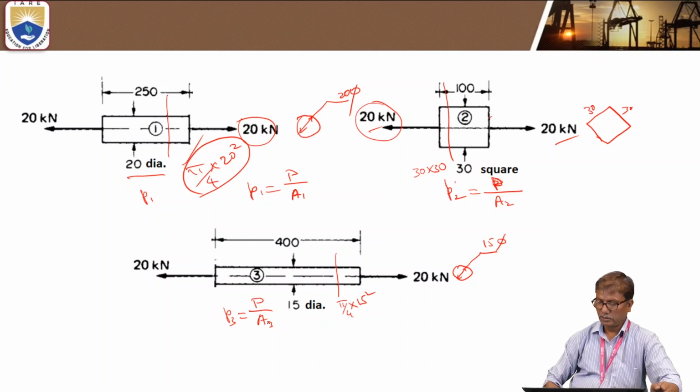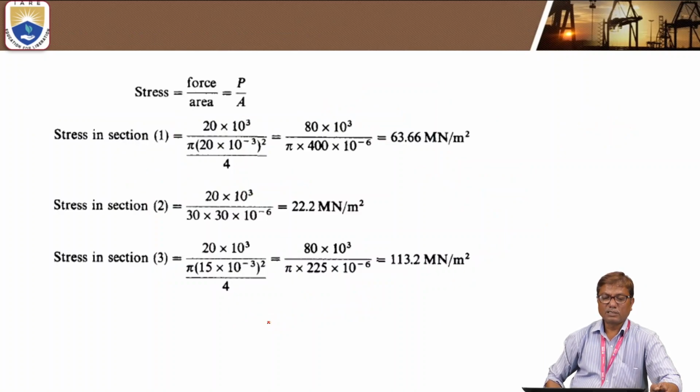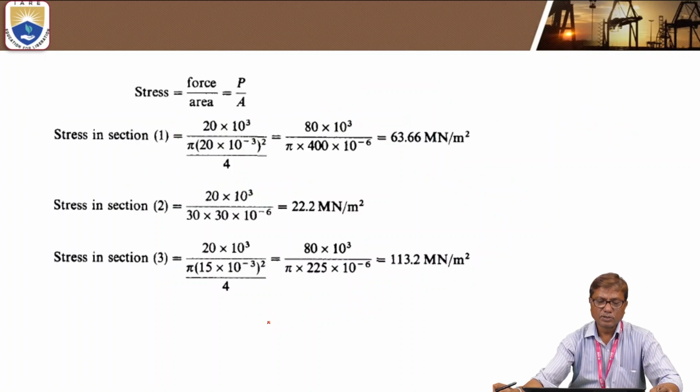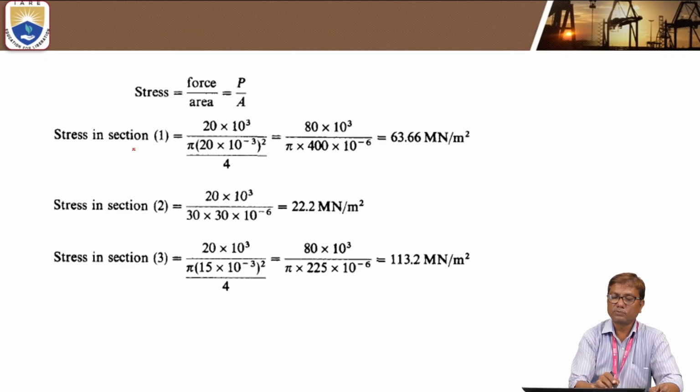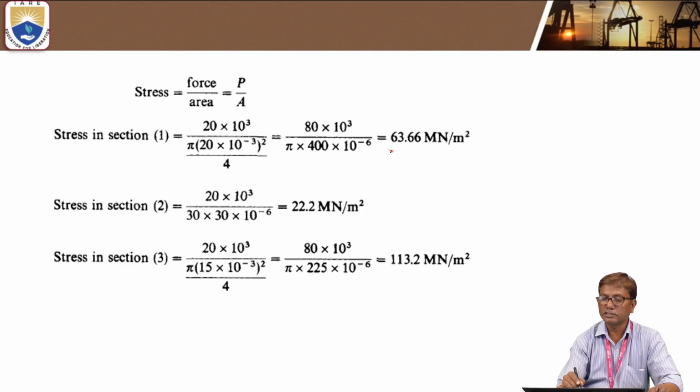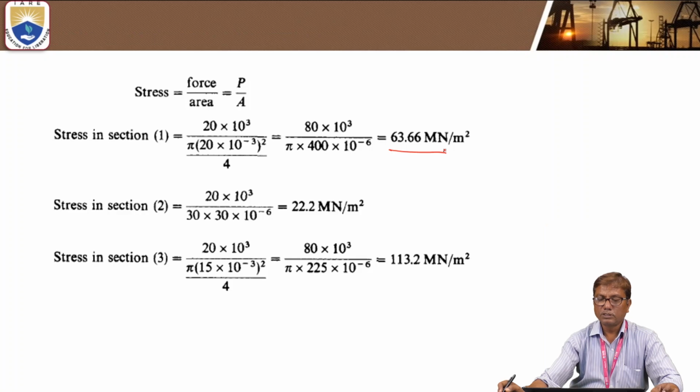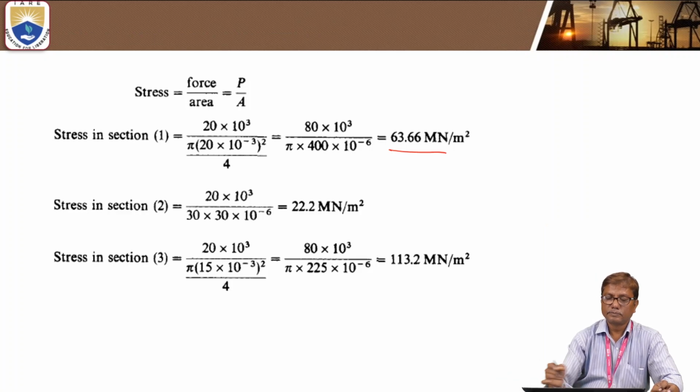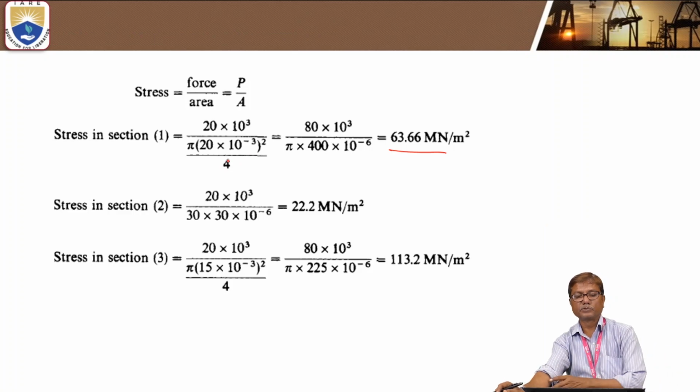Okay. Now the calculations are shown here. So stress in section 1, that is P1, is load 20 kilonewton by area, pi by 4 into d square. Okay. So the units are taken care of. So we are converting the units to meganewton per meter square.